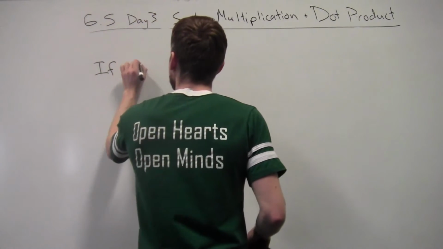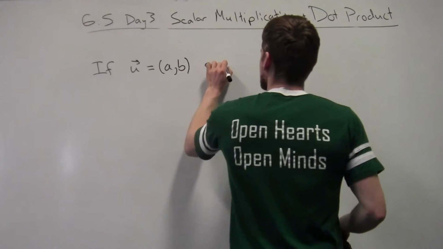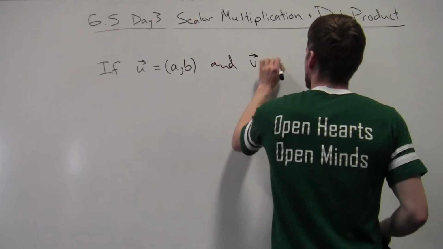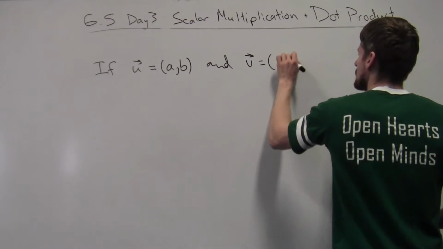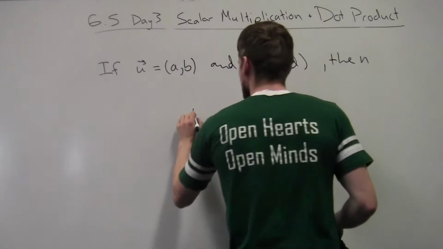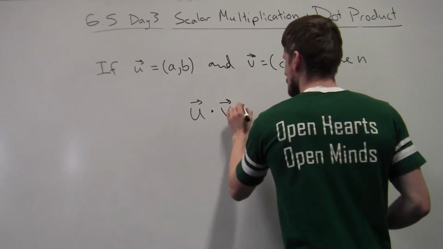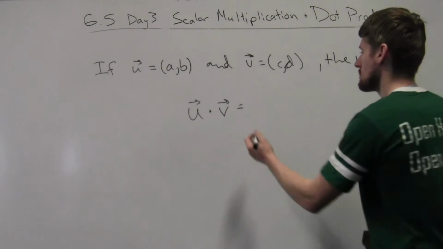So if u is a vector AB, and v is a vector CD, then we define the dot product as this little dot between the vectors that looks a lot like the multiplication symbol.